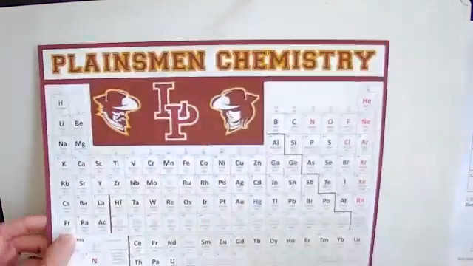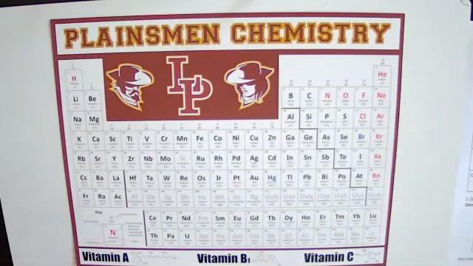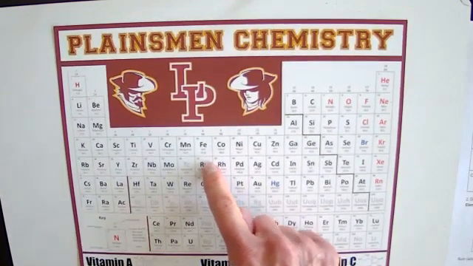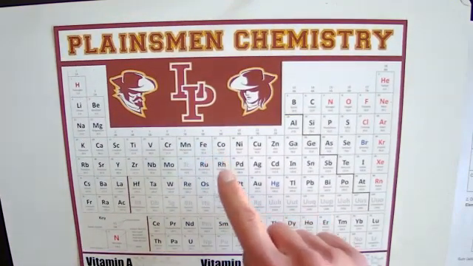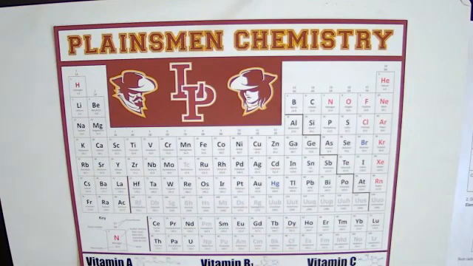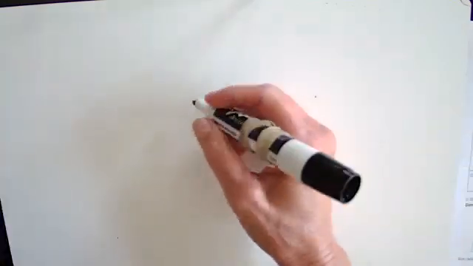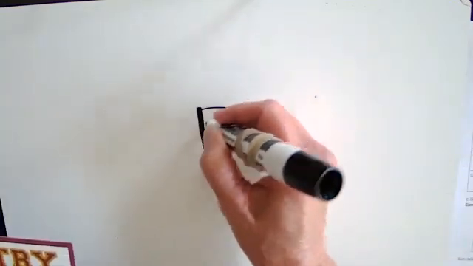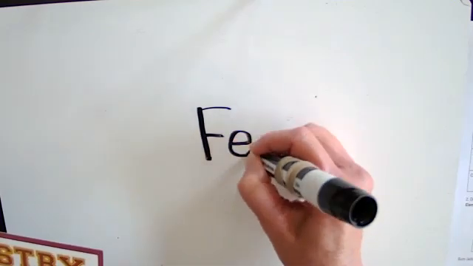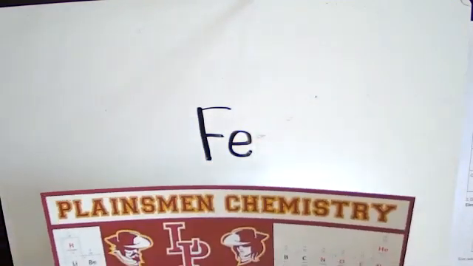So for iron, I need to find iron on the periodic table, and it's right here. It is a chemical symbol Fe, and so I am going to write Fe, which is the chemical symbol for iron. Uppercase F, lowercase e.